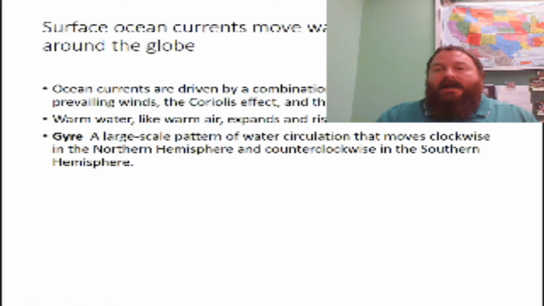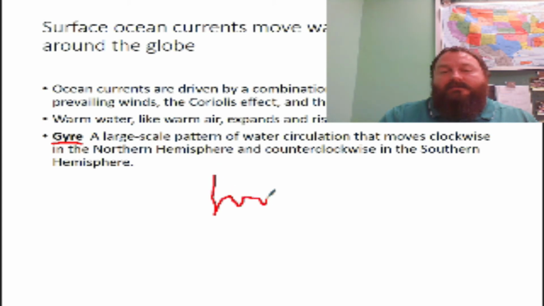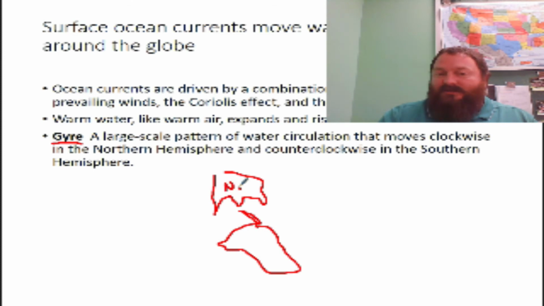With the next part, now we're going to talk about how those wind patterns, the prevailing winds, are going to create ocean currents. The first thing that we end up with is something called a gyre. What happens is when we have those prevailing winds blowing through the oceans, we end up with these land masses that kind of screw things up. So again, I'm such an artist.